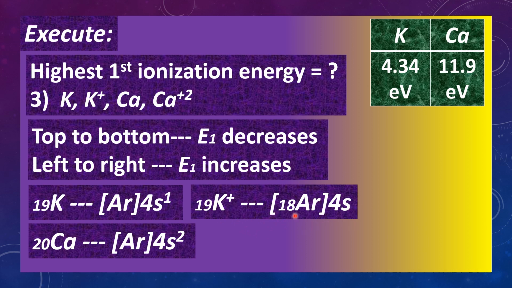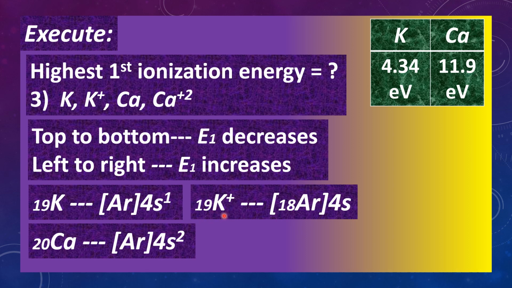But notice that even if the configuration of potassium is the same as that of the noble gas argon, they are not exactly the same. When potassium loses an electron, the number of protons in the nucleus of the potassium ion still remains 19.